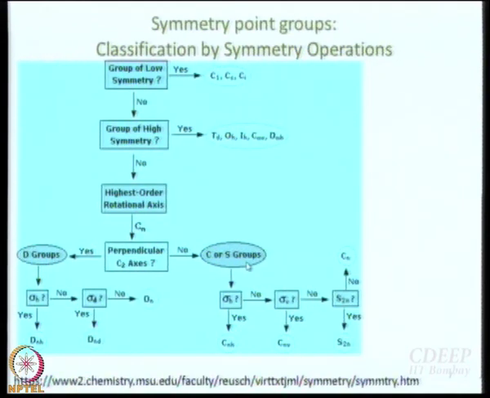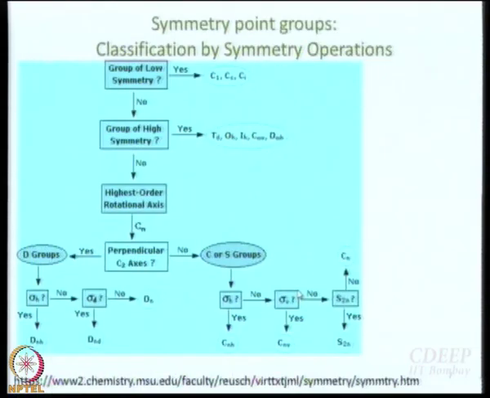First question to ask is, in addition to the principal axis of symmetry, do you have a horizontal plane, sigma h? If you have a horizontal plane, then you take Cn from the principal axis and you take H from horizontal and you call it CnH. It's not very difficult to figure out actually. If there is no horizontal plane of symmetry, you ask at least, is there some vertical plane of symmetry?